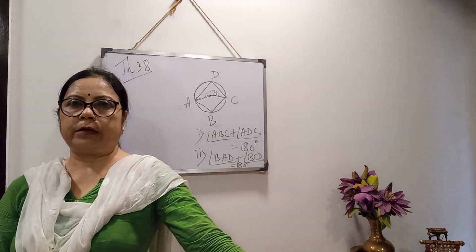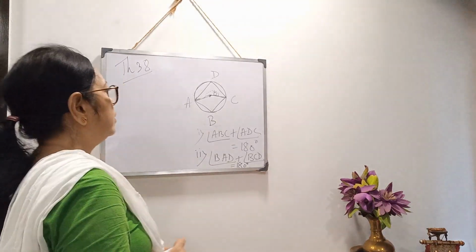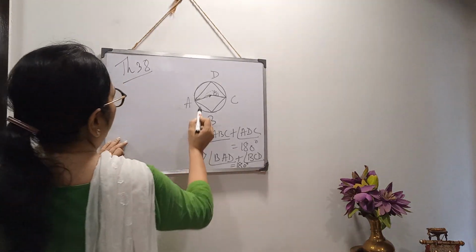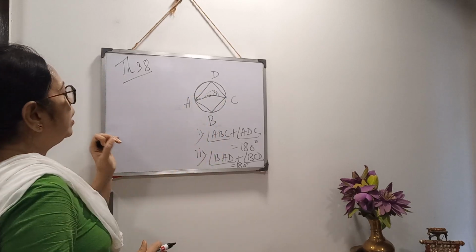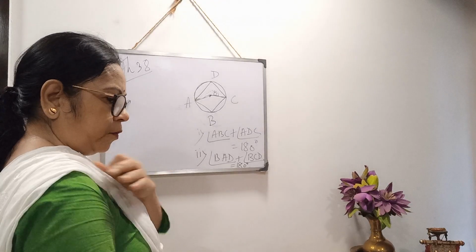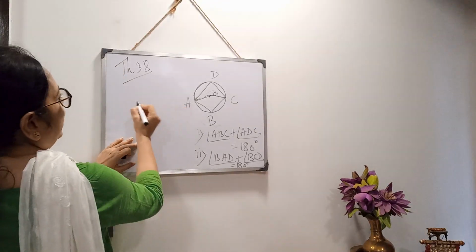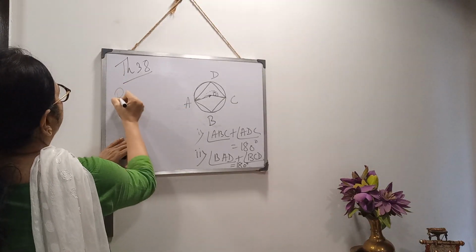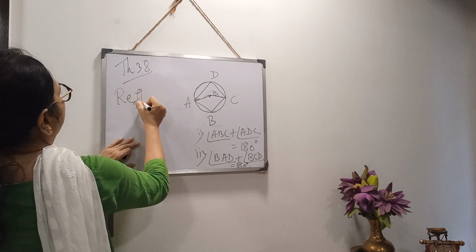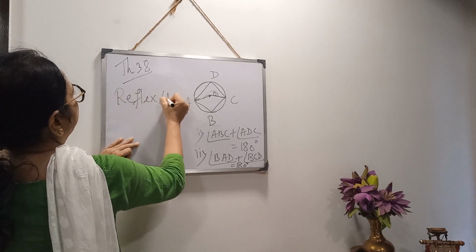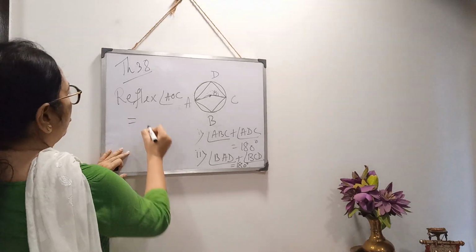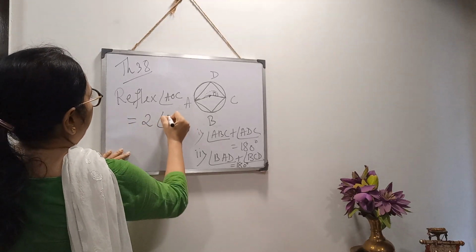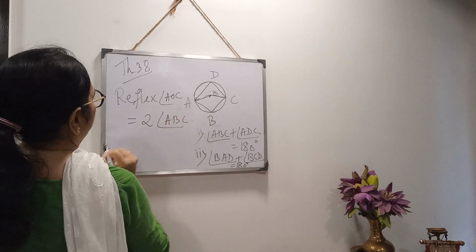So with respect to angle ABC, AOC is the reflex angle. Clear? So from that point of view, we can write that reflex angle AOC equals twice angle ABC.